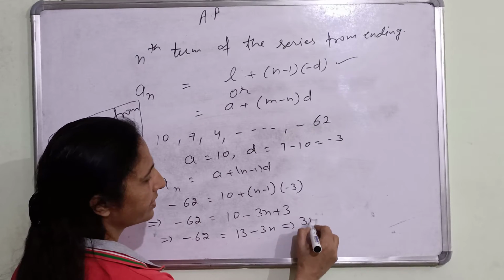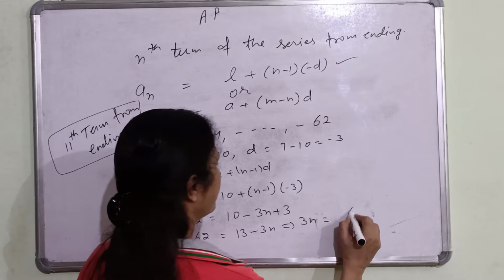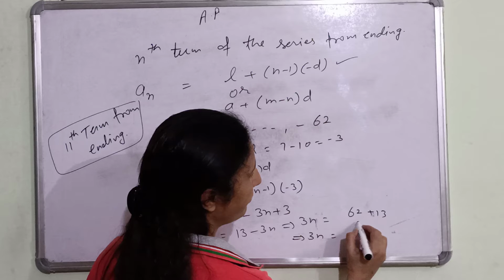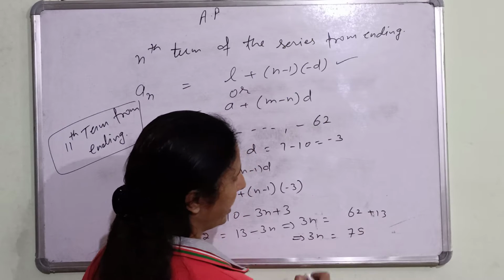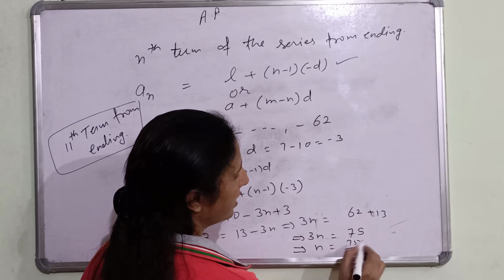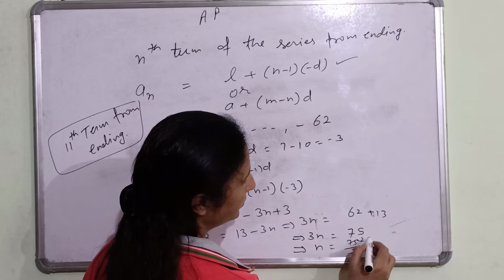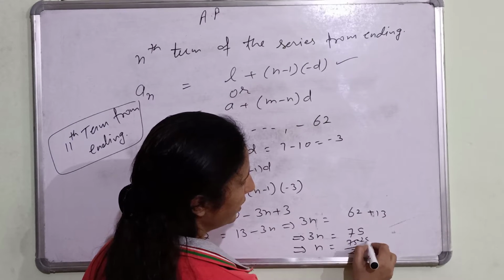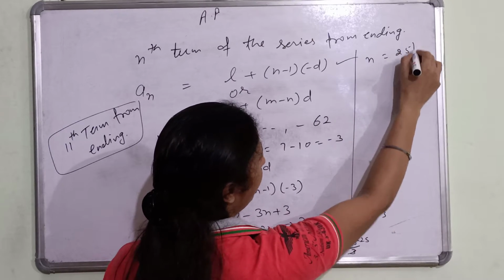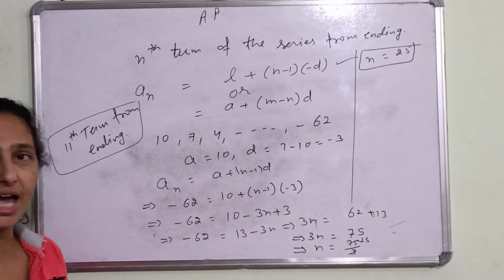So 3n is equal to 62 plus 13, which is 75. So n is 75 by 3, which is 25. So the number of terms is 25.